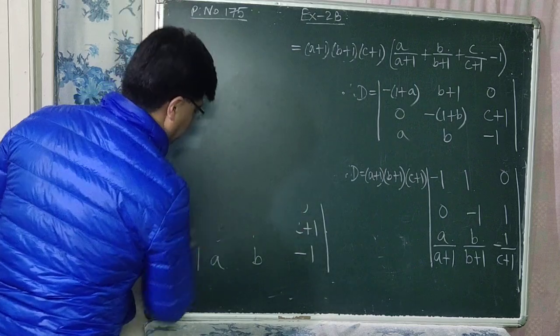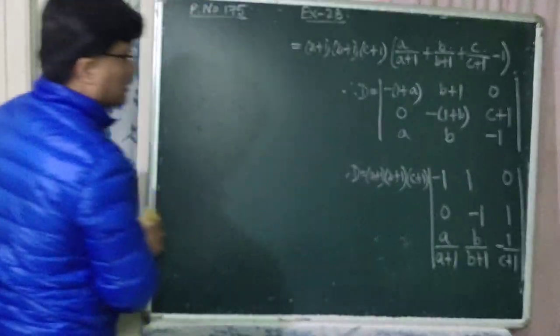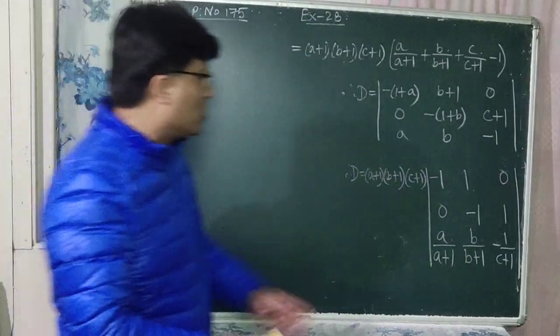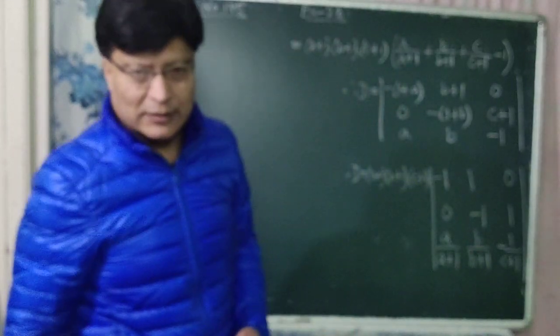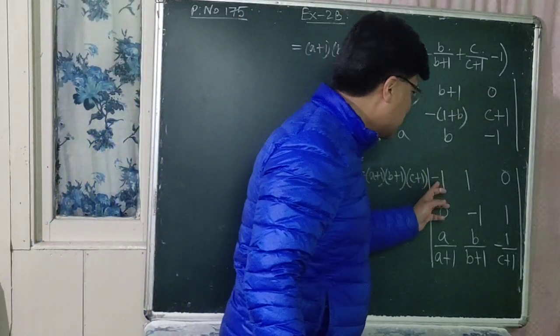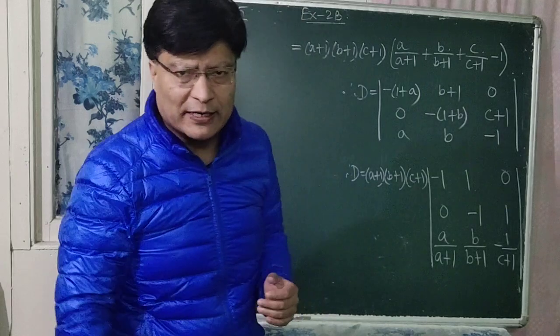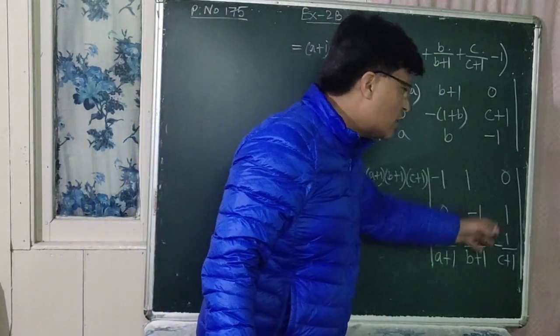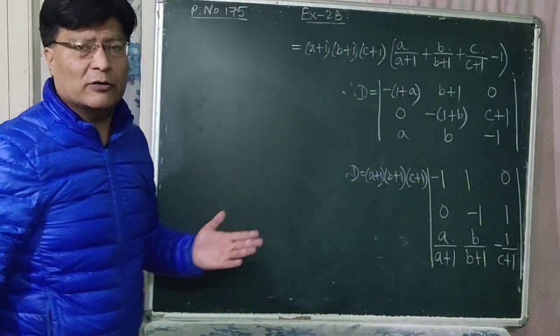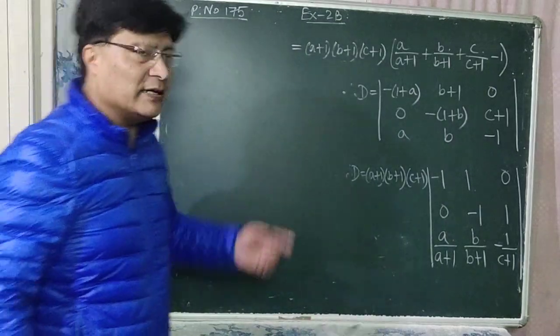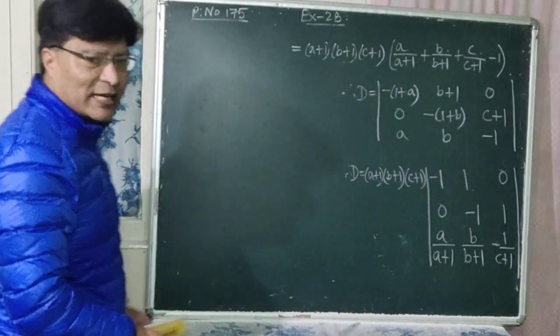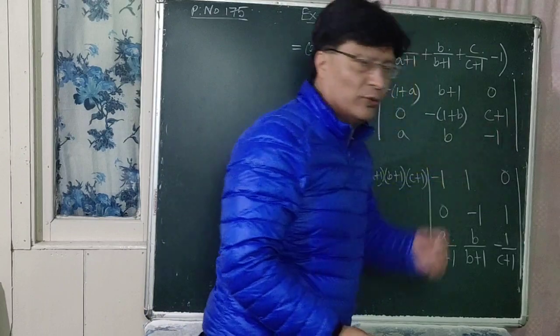So next. Now in the next step, what will you do? You can expand this determinant. This is not a difficult determinant to be simplified, isn't it? That means you can directly expand it. Okay? So let us expand it with respect to the first row.